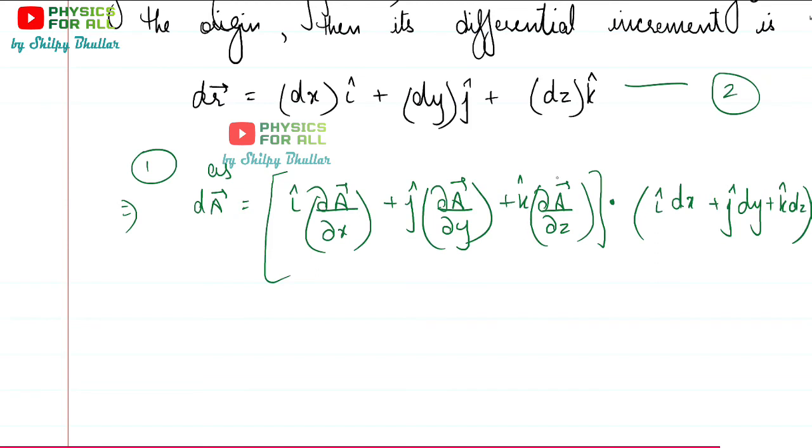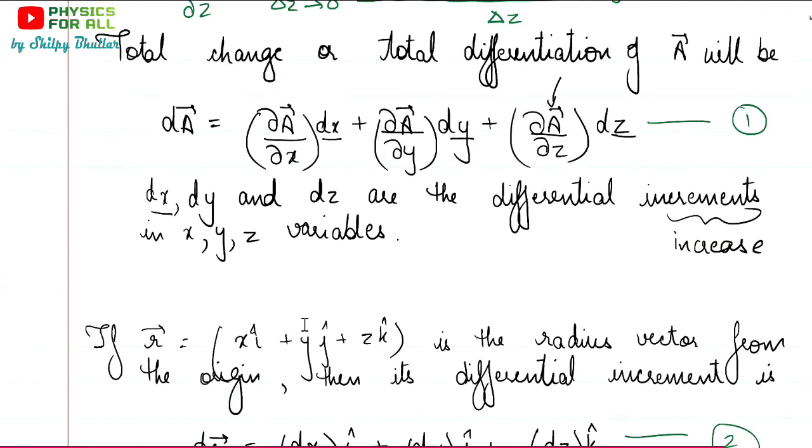What we have done, we have modified our equation 1 in order to introduce the del operator. We know that the dot product of any two vectors would give us a scalar, and this equation 1 was a scalar quantity because we didn't have any i cap, j cap or k cap here.